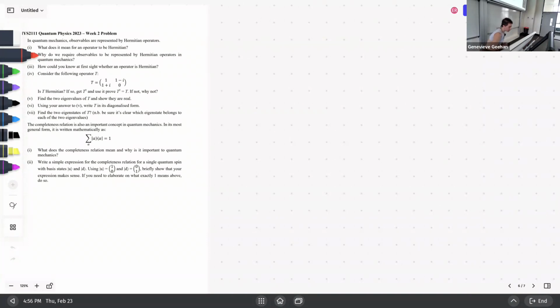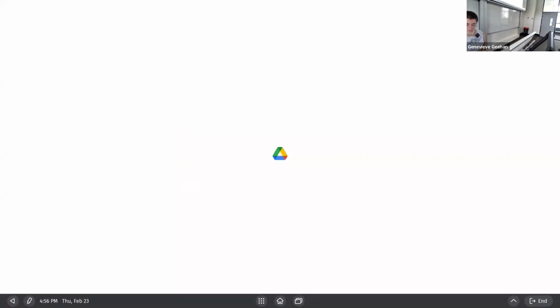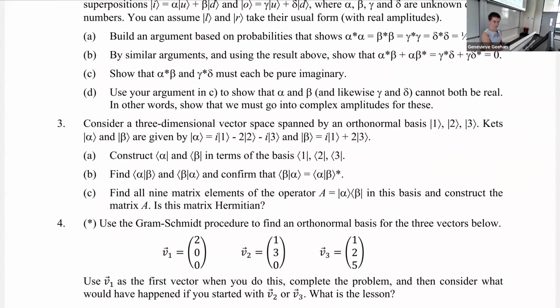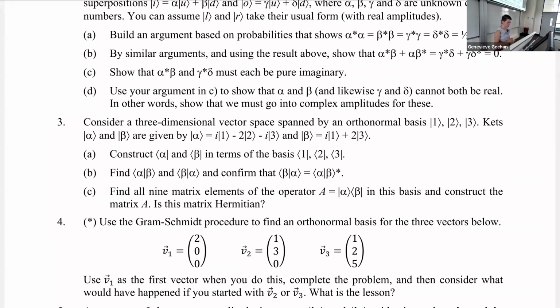Okay, so use your argument in C to show that alpha and beta, as well as, oh, you guys don't have the tutorial questions, sorry. So use your argument in C to show that alpha and beta and also gamma and delta cannot both be real. In other words, show that we must go into complex amplitudes for these.